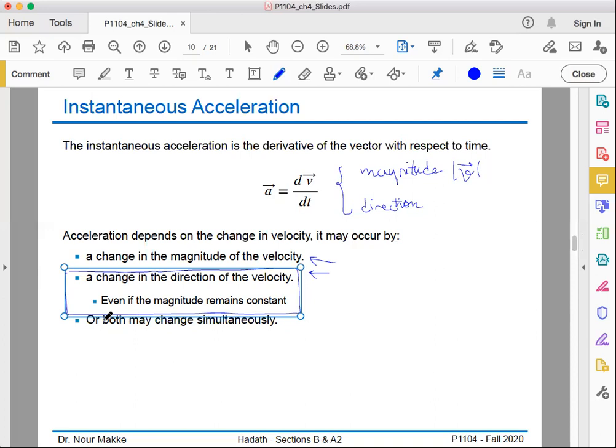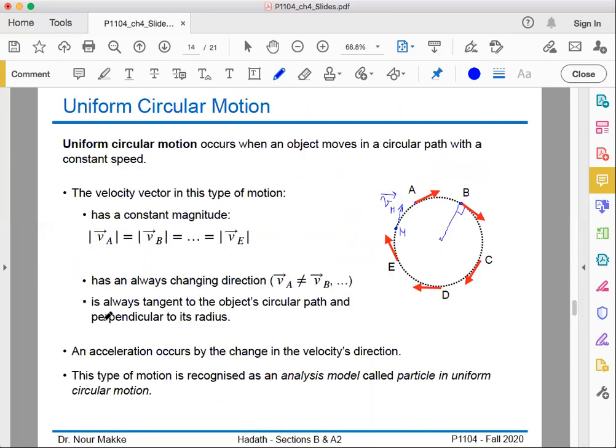One of these cases is uniform circular motion. This type of motion is recognized as an analysis model. In other words, you can find this model in different problems, and it is called particle in uniform circular motion. The word uniform refers to the fact that the particle has a constant magnitude of the velocity along this trajectory.